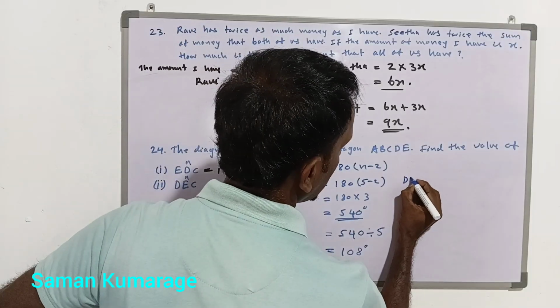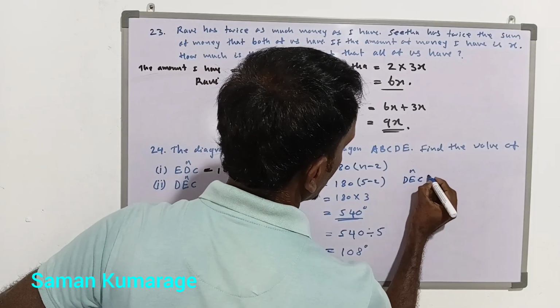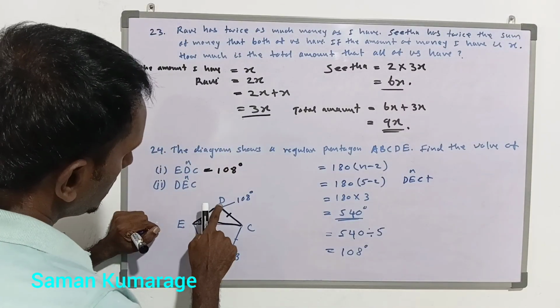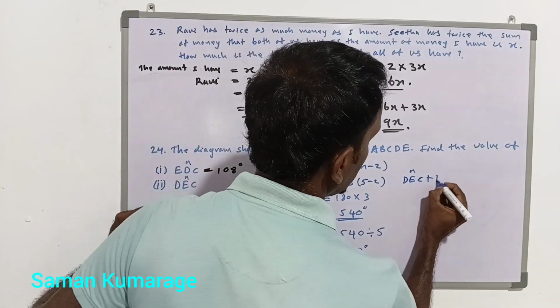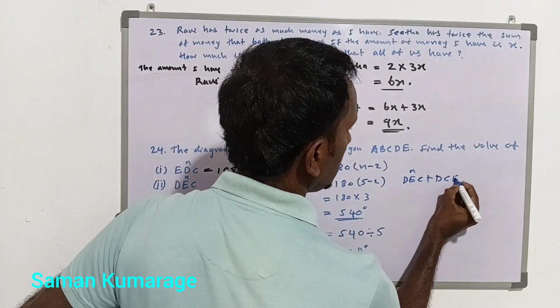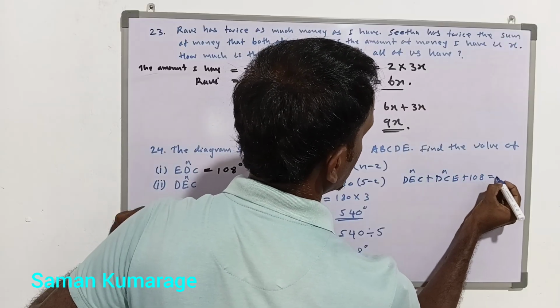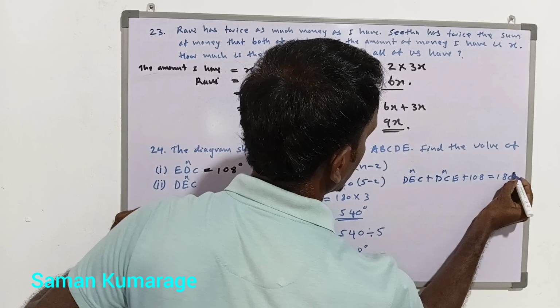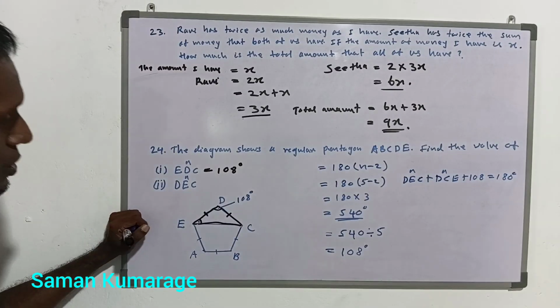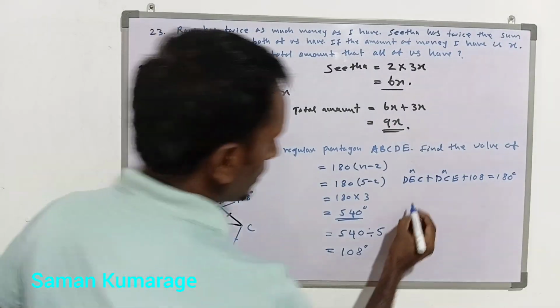So we can write an equation: DEC plus DCE plus 108 equals 180 degrees.